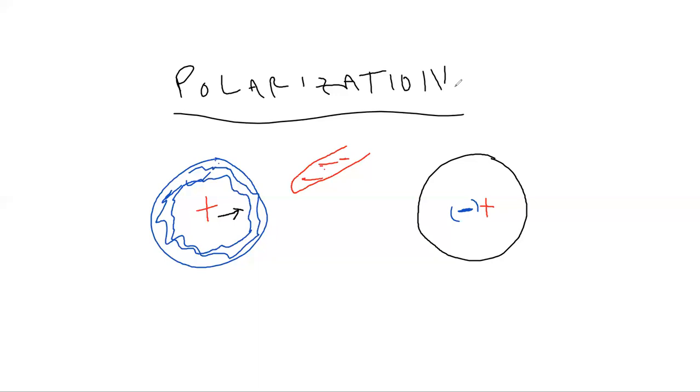Let me draw it a little differently. Let's say that we have a bunch of water molecules. These water molecules actually have a slightly negative charge, but that doesn't really matter.